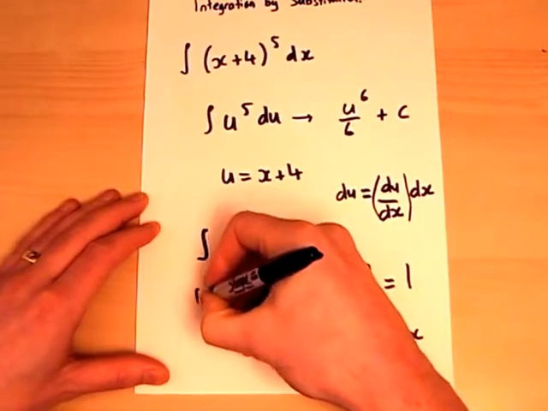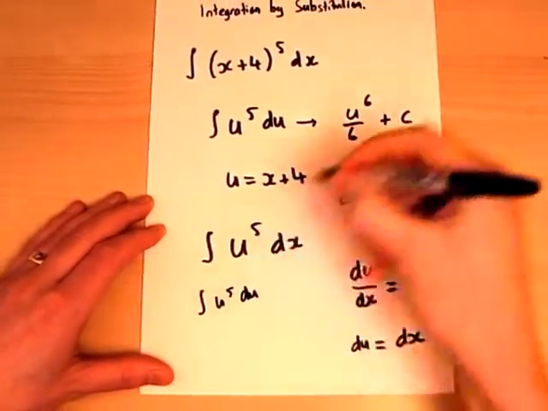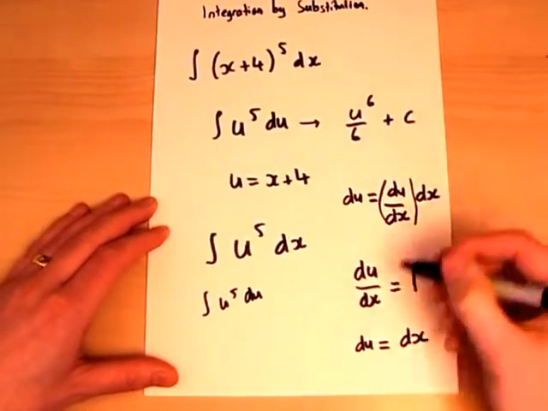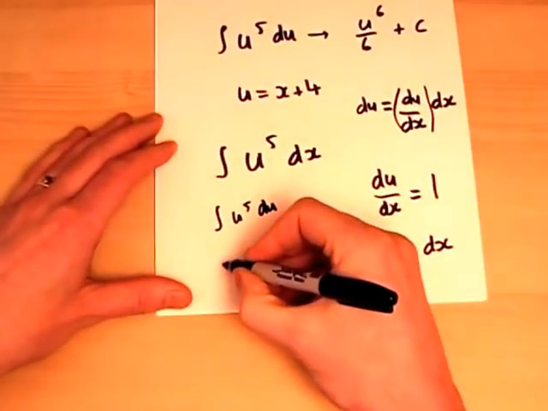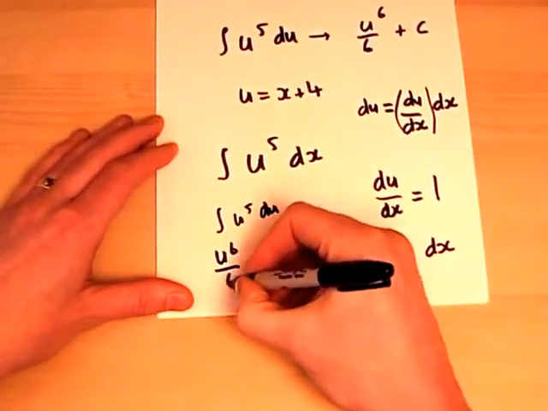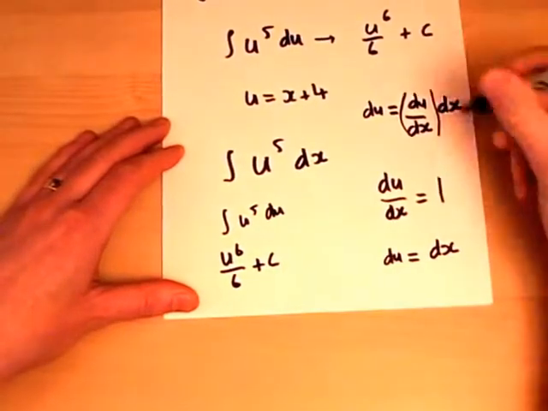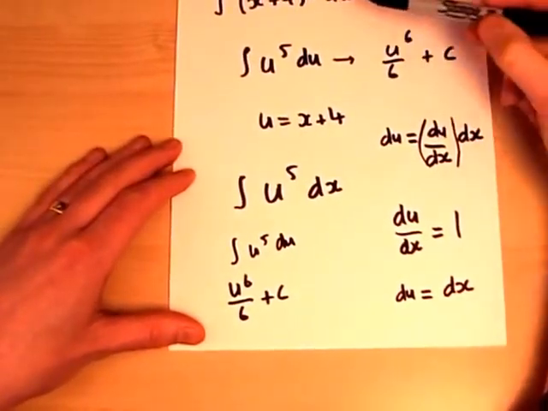So I can write the integral of u^5 du, and over here we've already seen what that gives us. And so we can work out that the answer to this is u^6 over 6 plus c. But of course, the original question didn't have any u's in it at all.